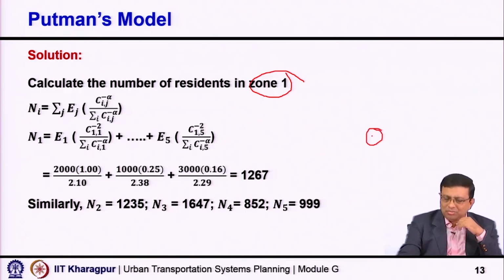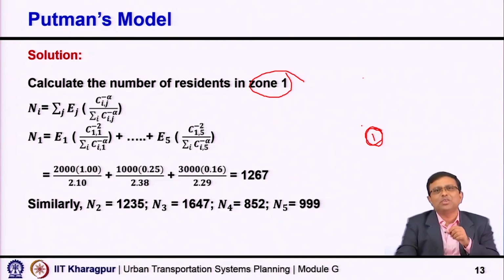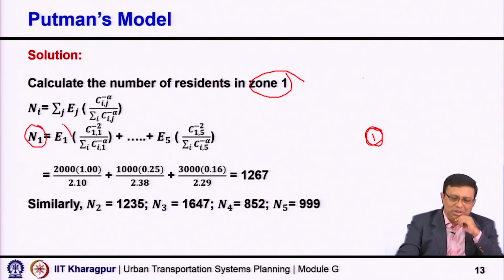Zone 1 will get from each of these zones 1 to n as j. Each zone will have some employment opportunity, and from each zone a small fraction will come to zone 1. So, if I consider zone 1, how many will get attracted? Zone 1 will attract something from E1, something from E2, something from E3, and something from E5 as well.